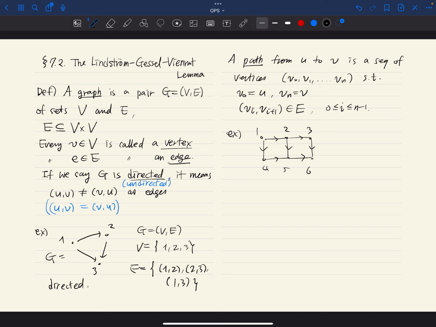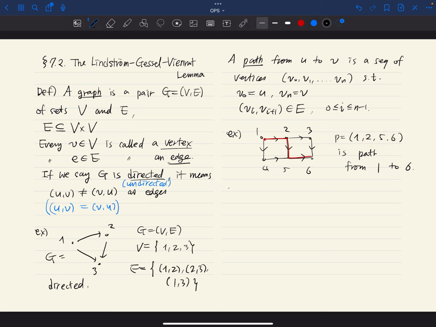Then P equals 1, 2, 5, 6 is a path from 1 to 6, because the first vertex is 1, the last vertex is 6, and 1-2 is a directed edge in the graph, and so are 2-5 and 5-6.